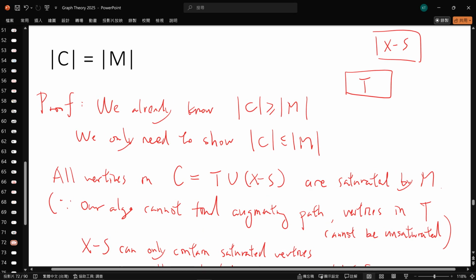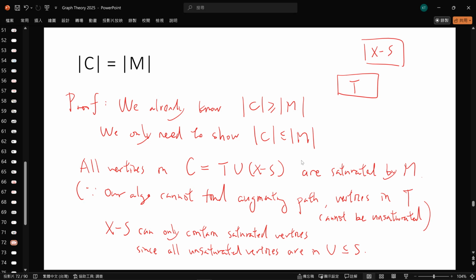So for every vertex, we can find an edge incident to it, and these edges are in the matching.